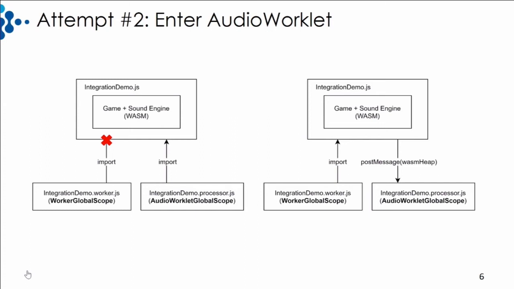With that information, the processor program can build its own views on the data and work from there. So that works as long as the WASM heap does not change during the course of execution. So once we did that, it worked.